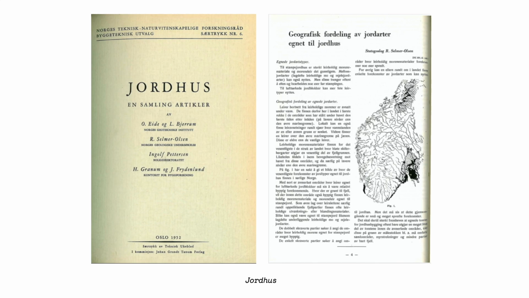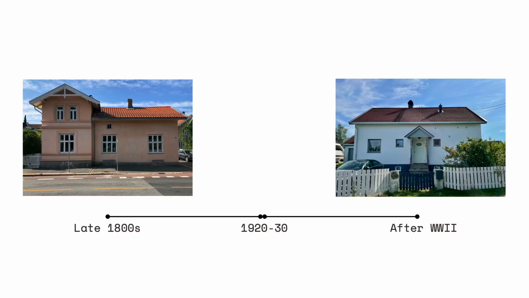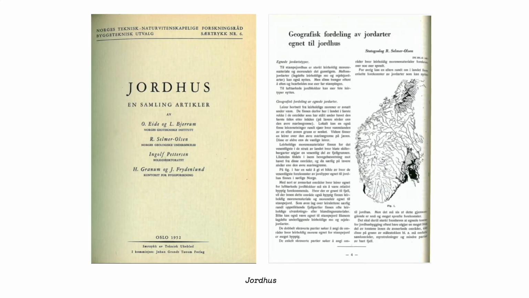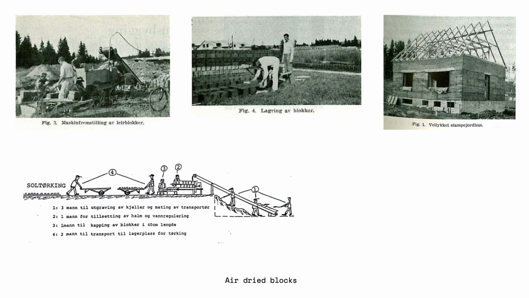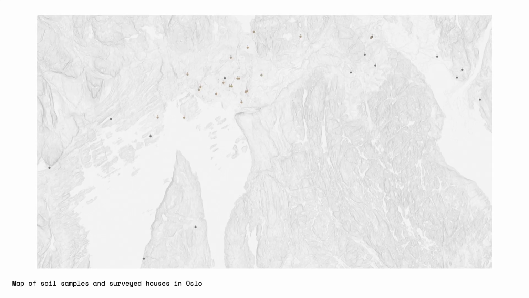We also find that this is a material that was always used when there was economic crisis, right? When there was a lack of resources, then we went to earth. And during the post-war periods, there was even a Jordhus booklet, or actually it was called the Jordhuskontoret, that put out this book so that they could encourage the population in Oslo and Norway in general to rebuild their own houses with earth, and they were using air-dried blocks for this.